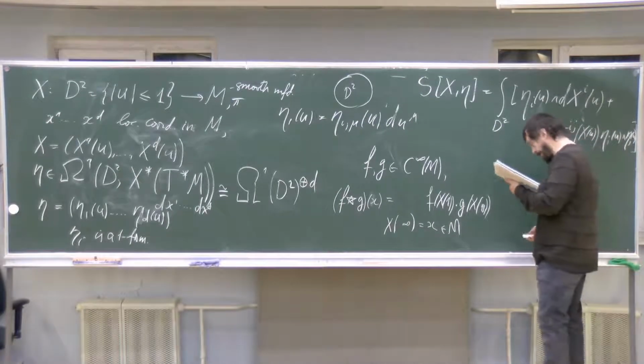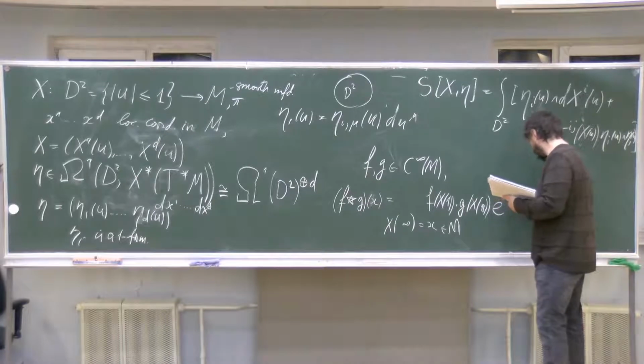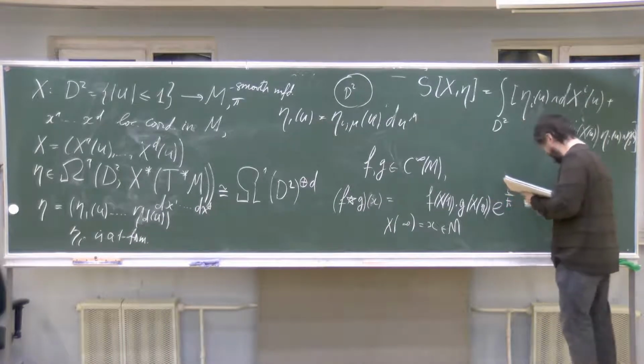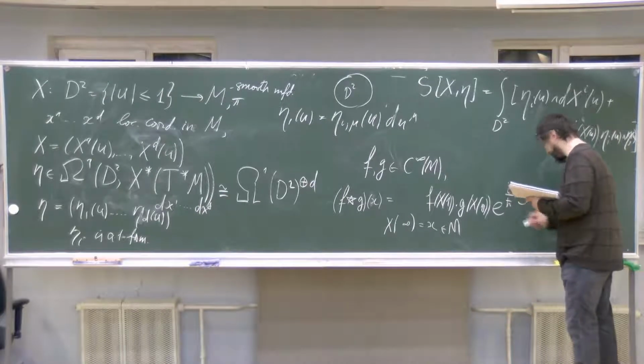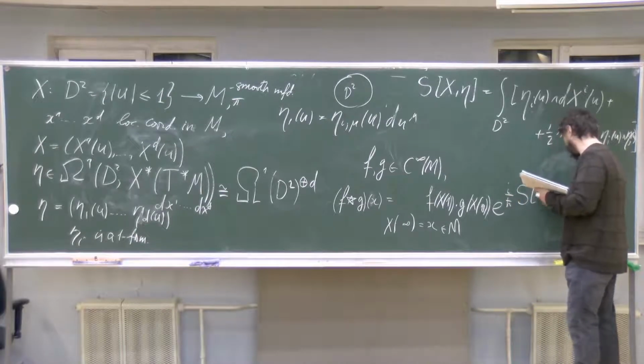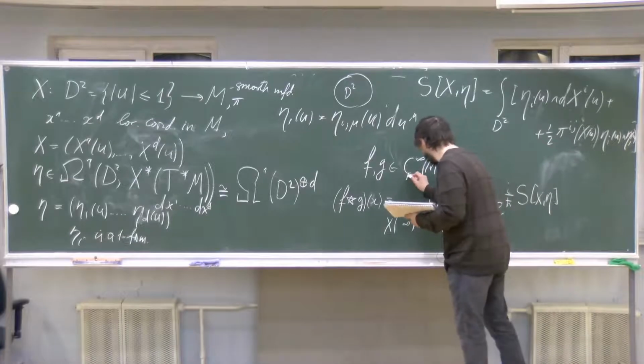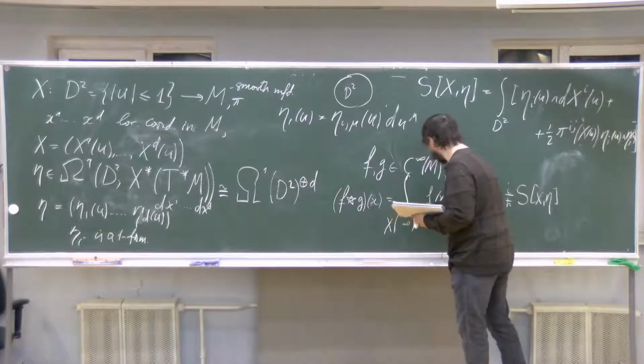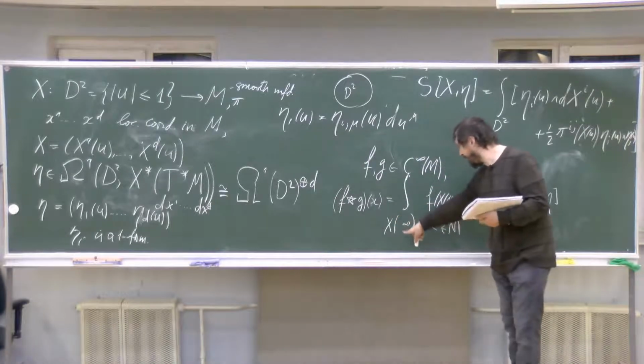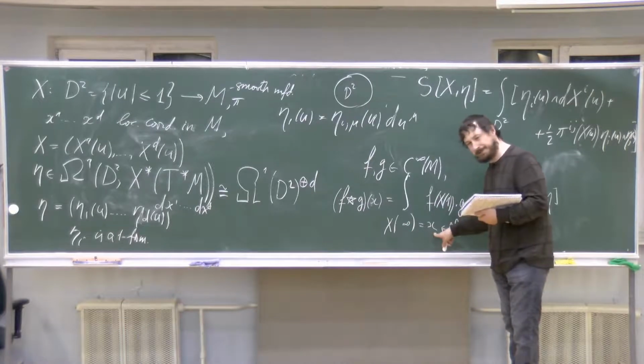Anyway, you take the exponent of 1 over h bar of the action functional S of x and eta, right? And then you take the integral over the space of all maps with this property.